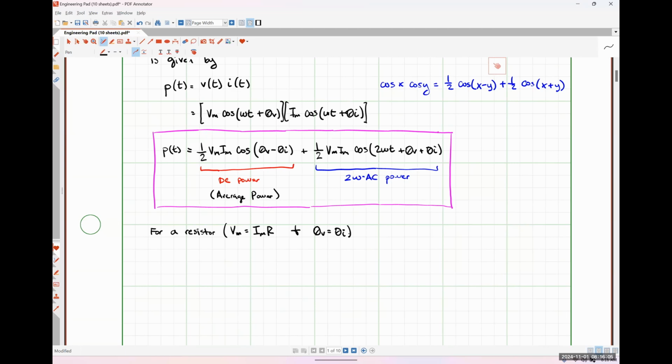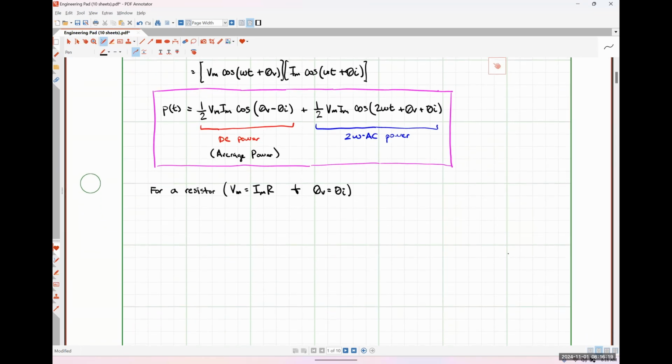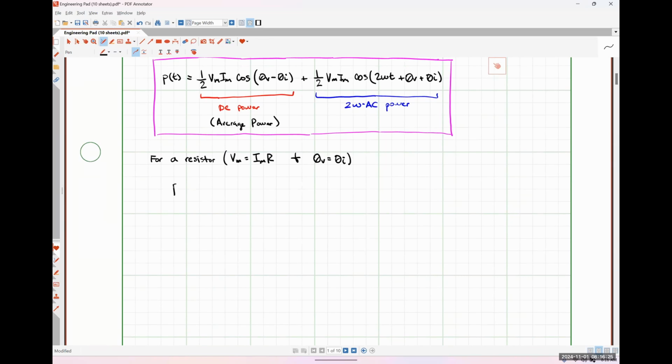So I can use these relationships to express my power equation only in terms of voltage or only in terms of current, meaning I don't need as much information to get the power that I'm interested in, okay? So when we have a resistor, this is a potential shortcut, okay? So let's say P_R(t) will be 1/2, okay?